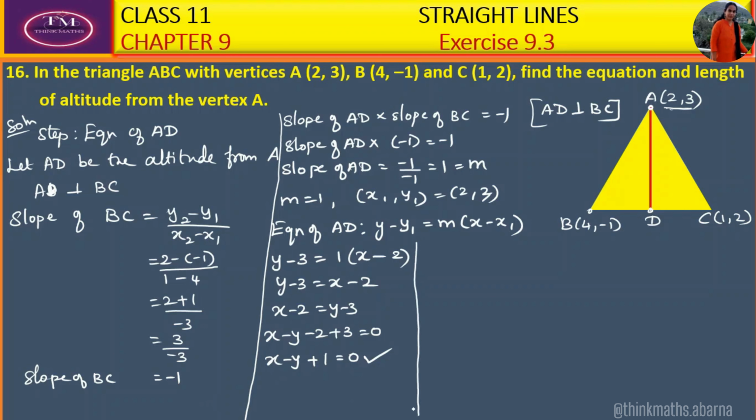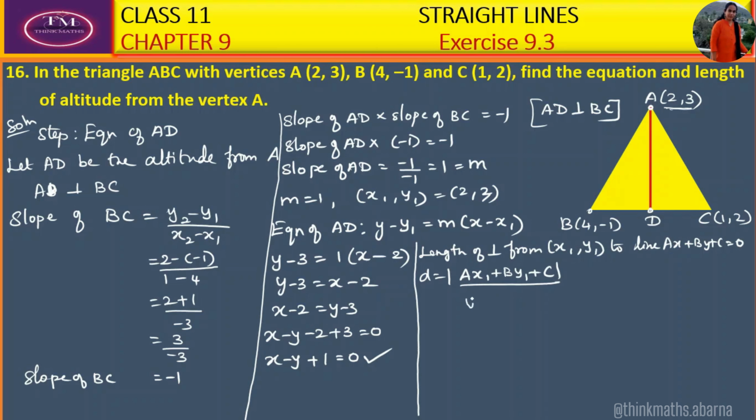What is the next step? We have to find out the length of altitude from A. We know that the length of perpendicular from (x1, y1) to the line ax plus by plus c equal to 0 is d is equal to |ax1 plus by1 plus c| divided by square root of a square plus b square.